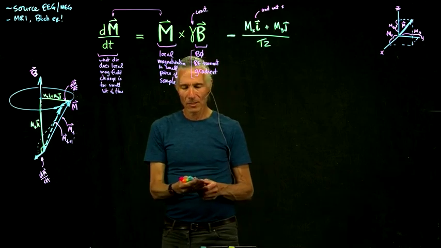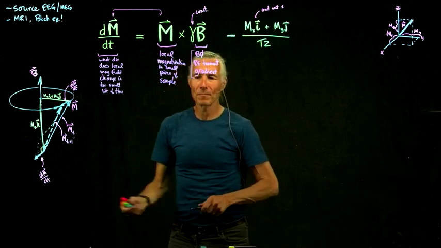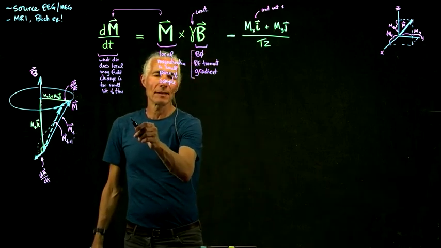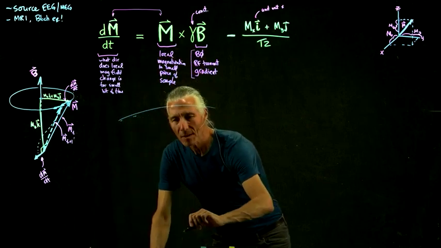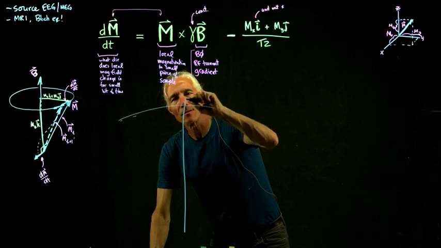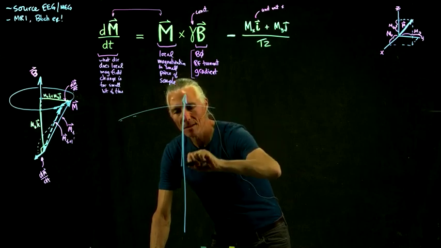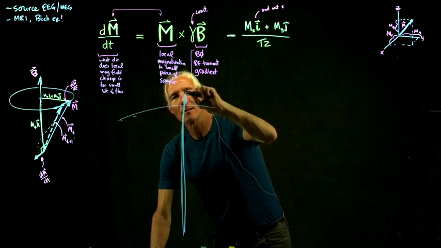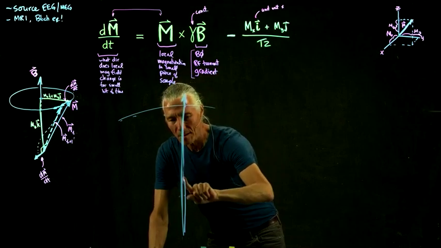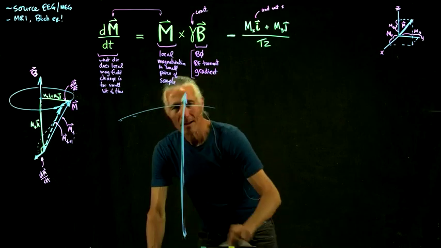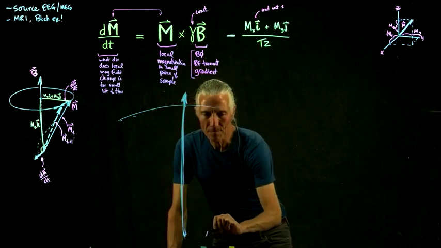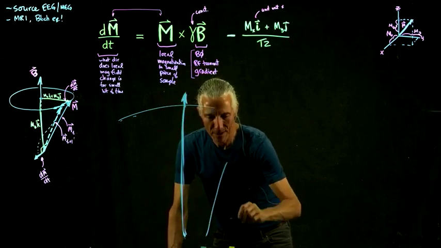So let's just draw a much bigger picture of that down here. So here's our, so I can draw the separate vectors. So here's our b vector, and then here's the m vector just coming up.